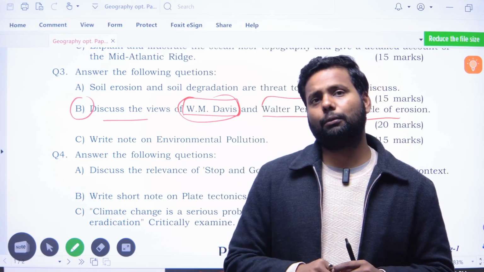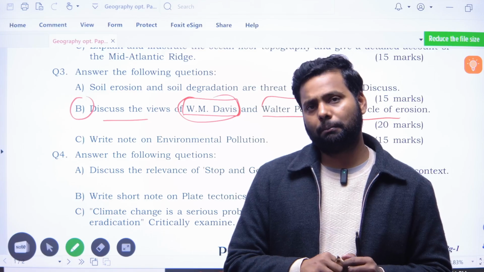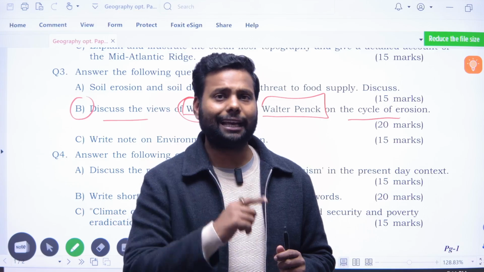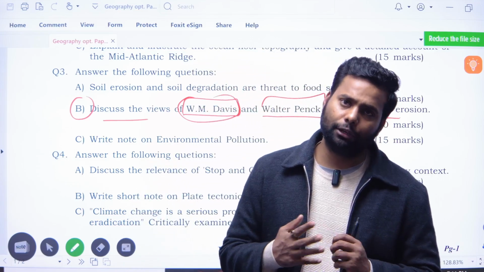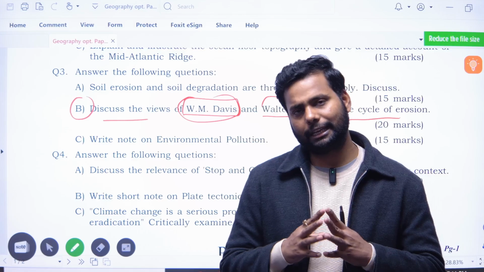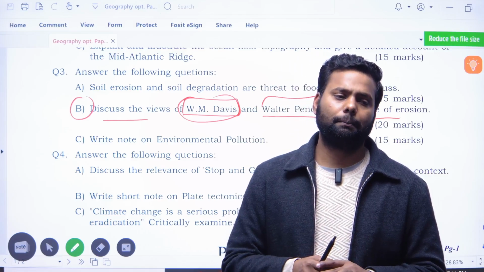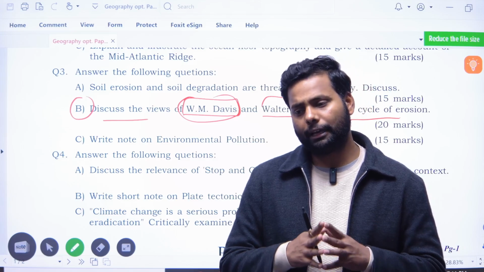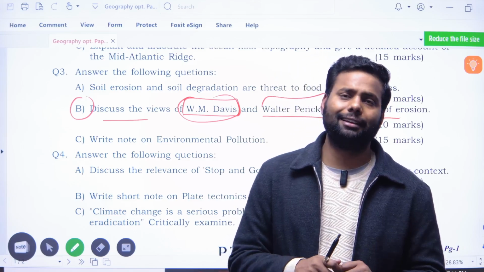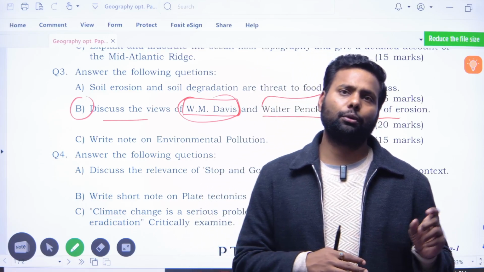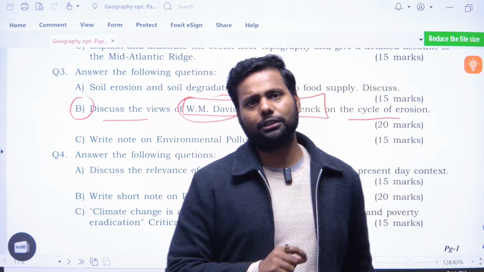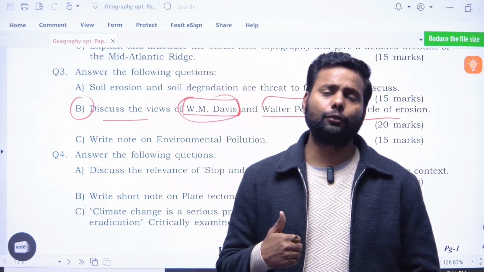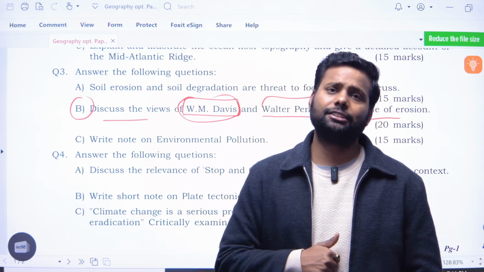The Davis model is a unicyclic model of erosion, where Davis focuses on only one erosional agent, the river. We all know the very famous trio concept of Davis: structure, processes, and stage.